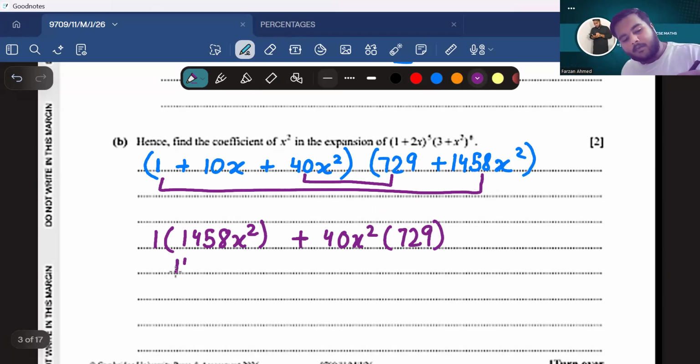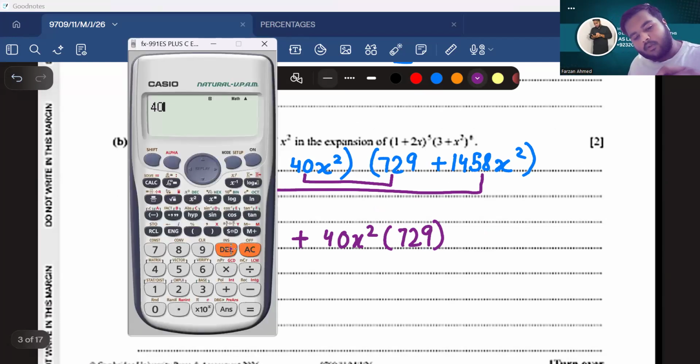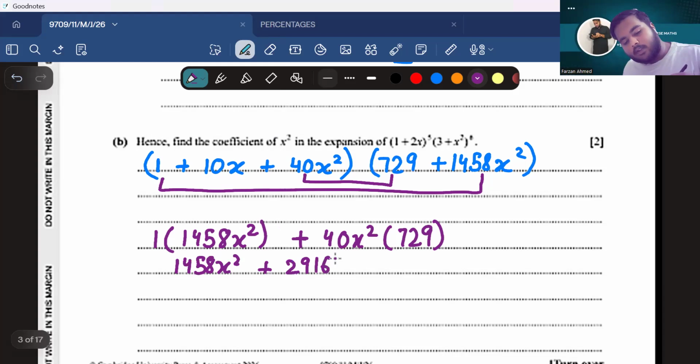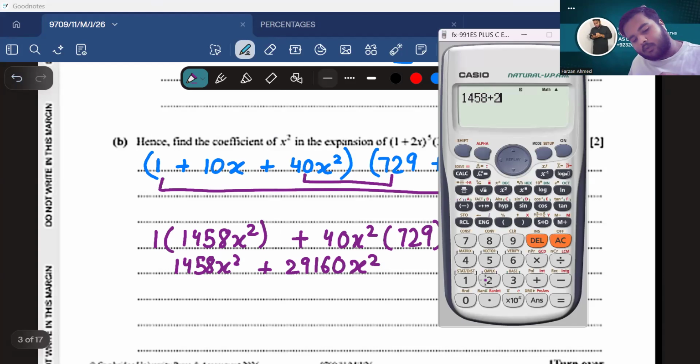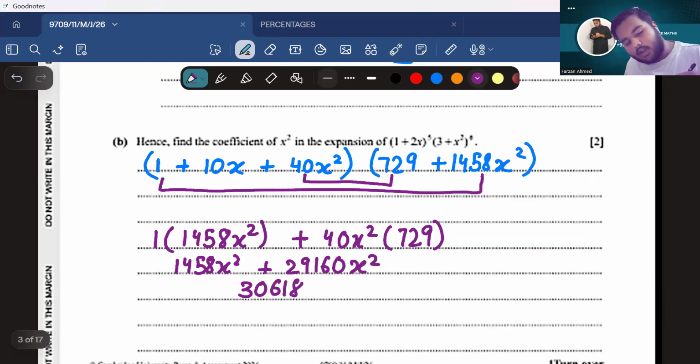So this will be 1458 x square plus 40 into 729, which gives 29160. So that is the coefficient from that term. Now if we add 1458 plus 29160, we got 30618 x square.